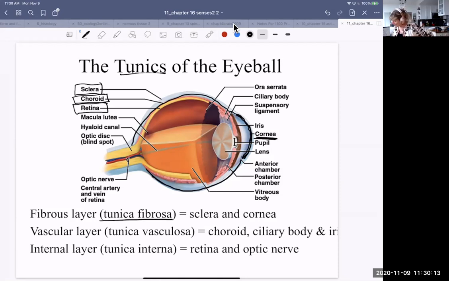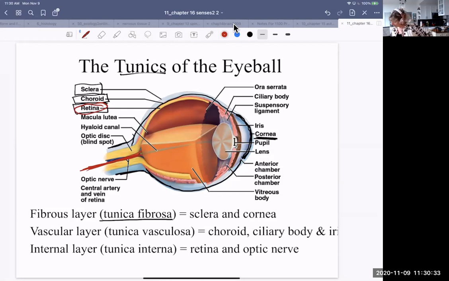The sclera continues on to surround the optic nerve. So here's the optic nerve, and the optic nerve is continuous with the retina.